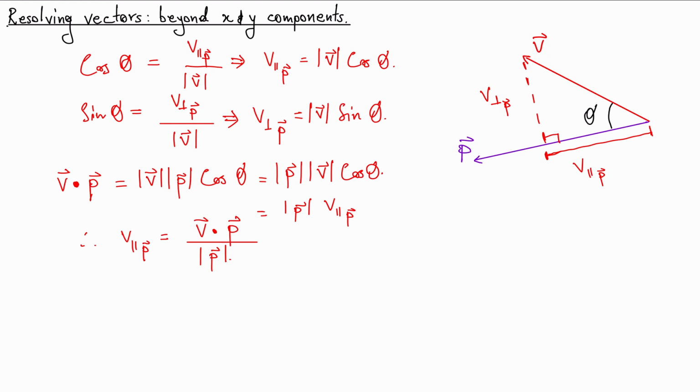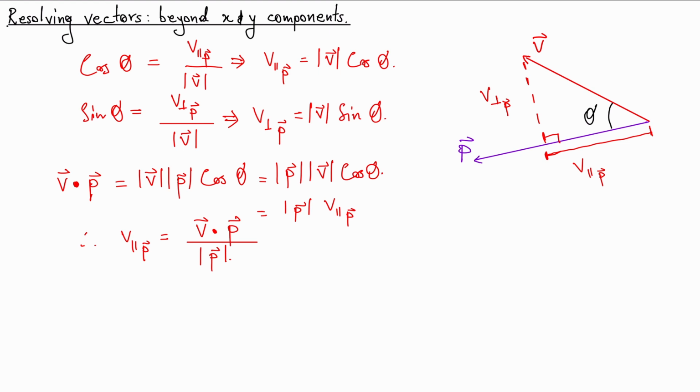So basically what I've done is I've divided by P bar in order to isolate this thing here. So if the odds are in our favor, that is, we have the magnitude of V and the angle theta, finding this V parallel P bar is simply substituting the values here.